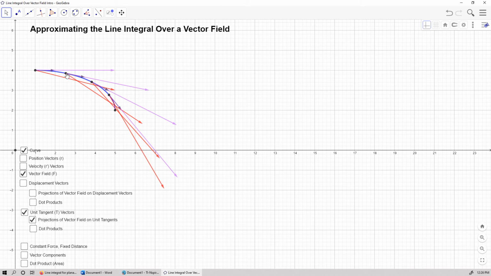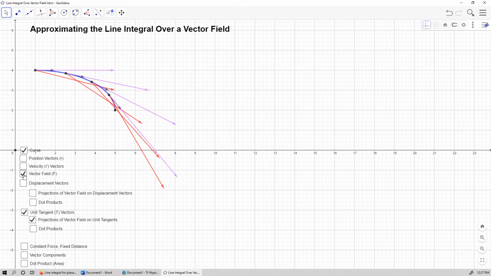So if you took that unit tangent vector, extended out to a line, dropped a perpendicular here, it would go through this point, and then we would get that resulting component for that particular thing. So this is the important part of the purple vectors, right? It's the part that's actually pushing the object forward, whereas the normal component we also have, like for this one here, there's a normal component here as well. Okay, but it's not affecting the work done.